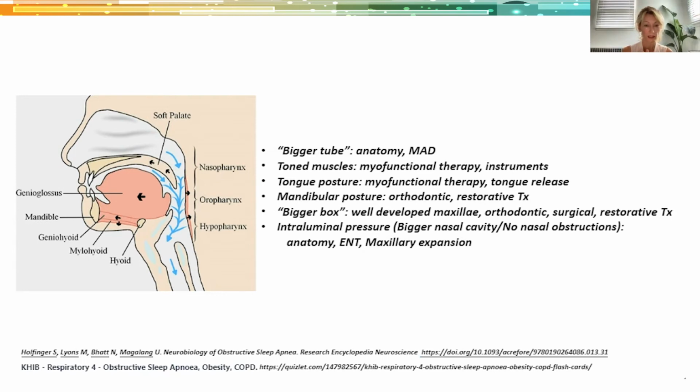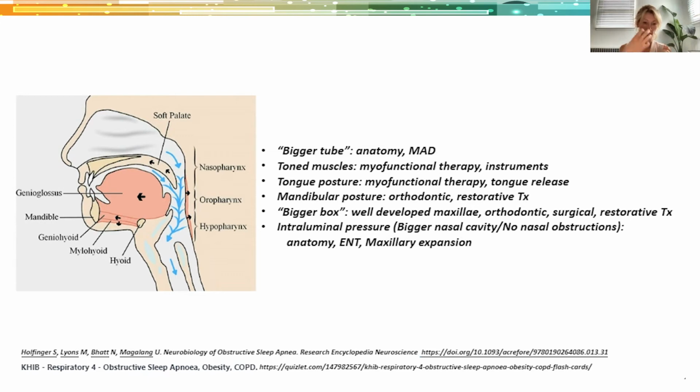Another important part is the intraluminal pressure. As I said, this part of the airway has no scaffolding to keep it open. So the reason why it stays open is because of muscle tone and because of the pressure inside and outside of the walls of that tube. If the pressure outside is higher than the pressure inside, the airway collapses.